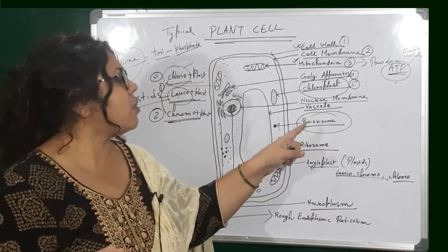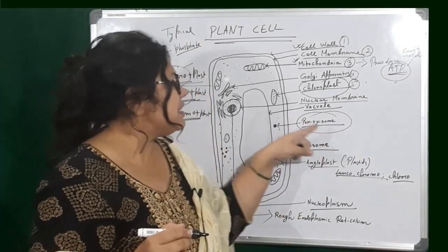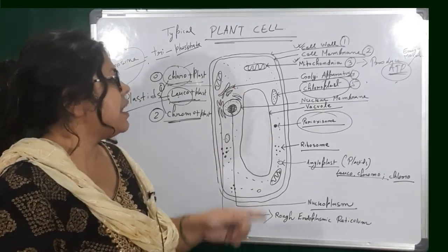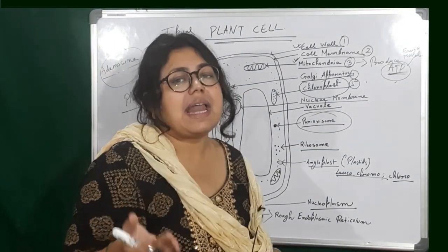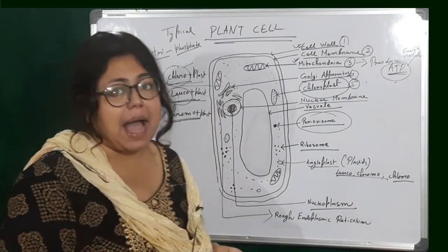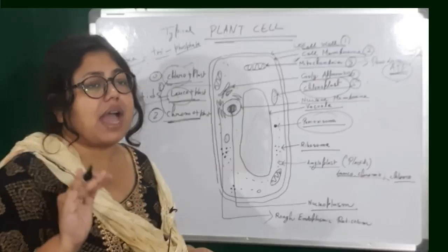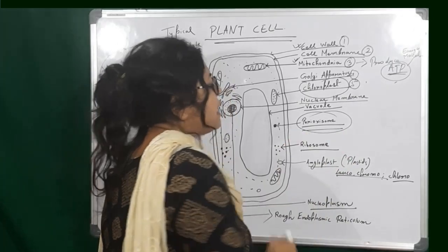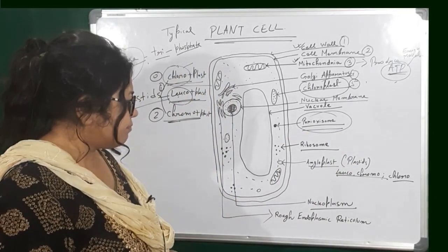This is not that important when you are marking a plant cell, but it is important for carrying on. It acts as a transporting bag when different types of chemical reactions go on. It is very important to have the presence of this peroxisome, right?